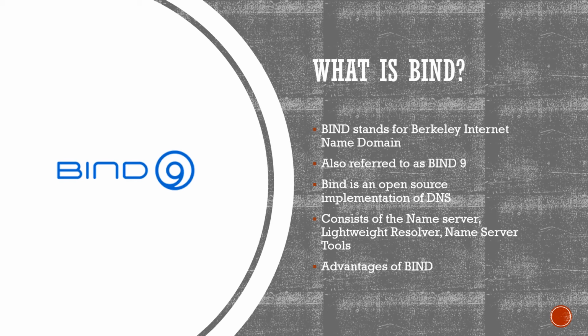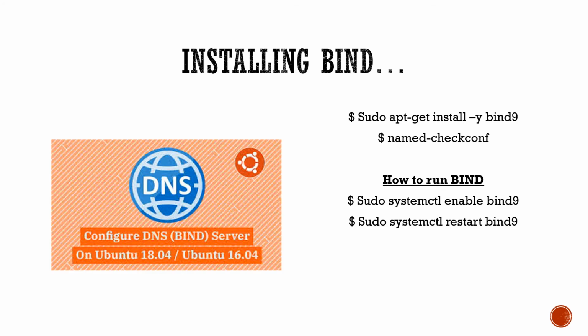It's stable, which means it's used across the world by millions, and it is known for how stable it is during operations and how well it functions. It also has good platform support, meaning it supports a wide array of operating systems like Linux, Windows, Mac OS, etc. Those are a couple of things that I thought were really cool advantages about Bind.